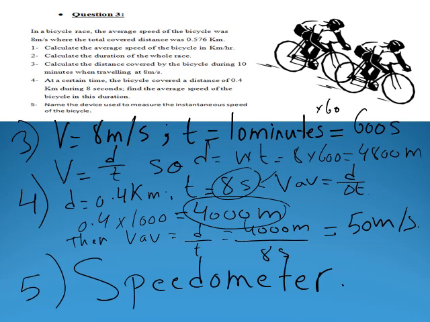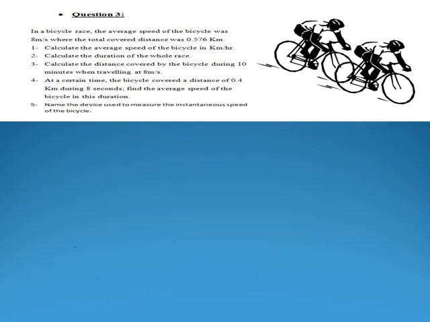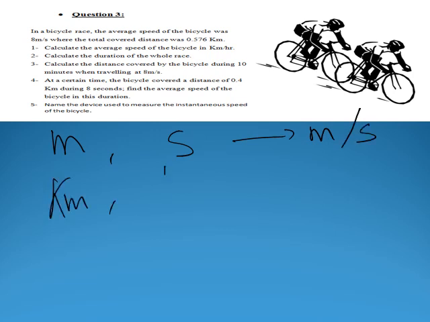This is okay, so make sure to have the same units: meter, second, so it's meter per second, kilometer per hour. Okay, so let's continue please to question number 3 here. As I said, be careful for the units, be careful how to start calculation, be careful to put the same units. For example, we have distance in meter and the time in second, so we have meter per second. Either we have distance in kilometer, time in hour, so we have kilometer per hour.